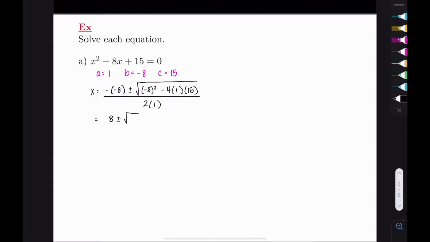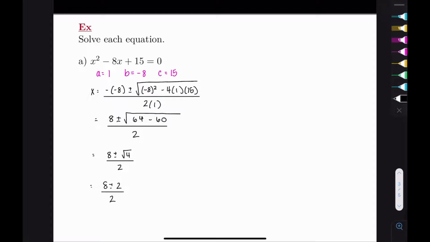And then plus or minus this lovely square root. Negative 8 squared is positive 64. 4 times 1 times 15 ends up giving us negative 60. And then this thing is divided by 2. So this gives us 8 plus or minus the square root of 4 over 2. The square root of 4 is really nice. It's 8 plus or minus 2 over 2.